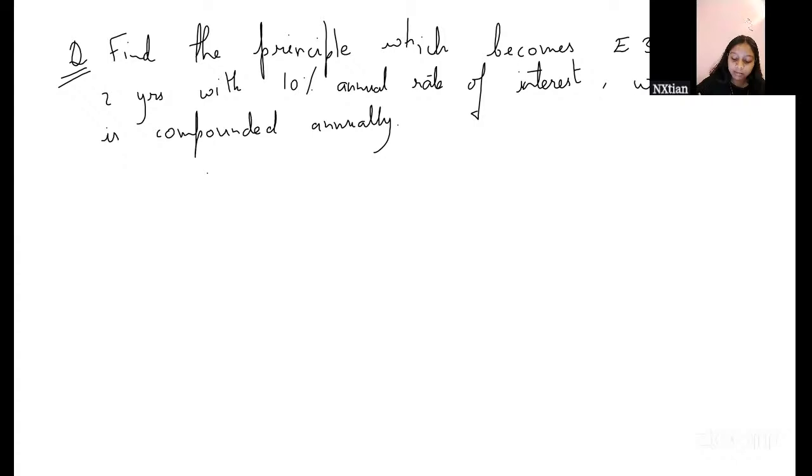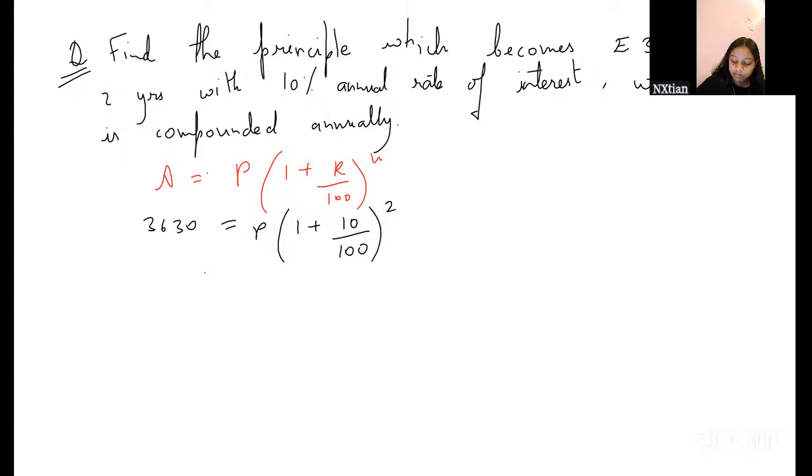Now put the amount formula, then put the values, then solve it.